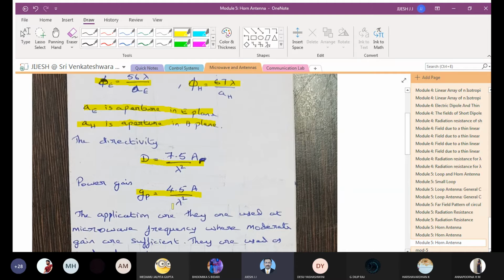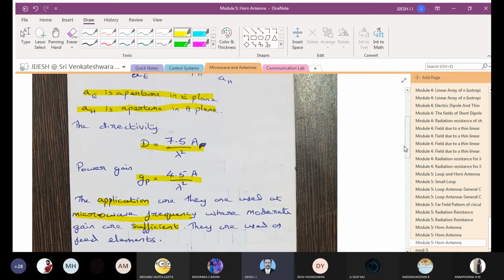So the application of a horn antenna is that they are used at microwave frequency where moderate gains are sufficient, and they are also used as feed elements. So they are used at microwave frequency where you can have a moderate gain, and they are also used as a feed element in this case.